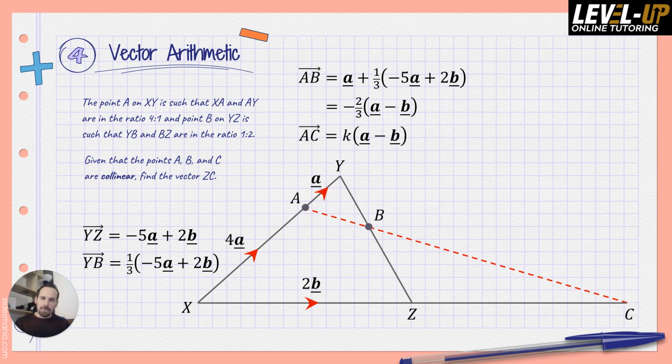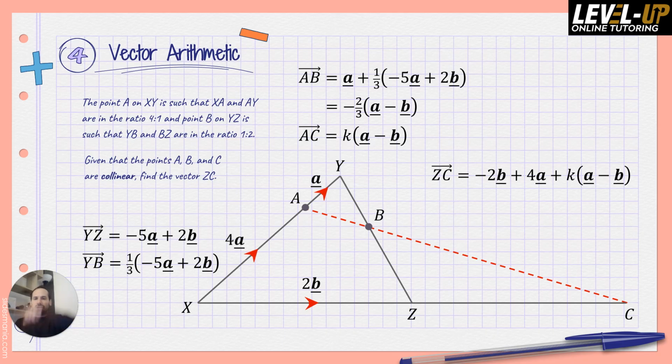And so therefore, because A to B is just some scalar multiple of A minus B, A to C must also be just some scalar multiple of A minus B because they're on the same line, like what we saw earlier with scaling vectors.